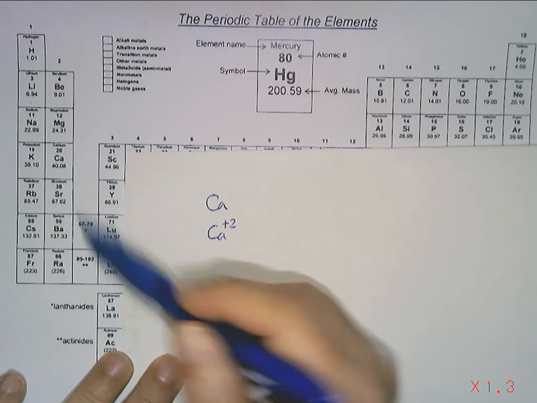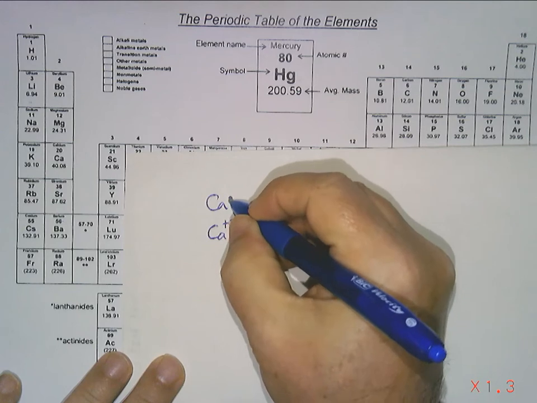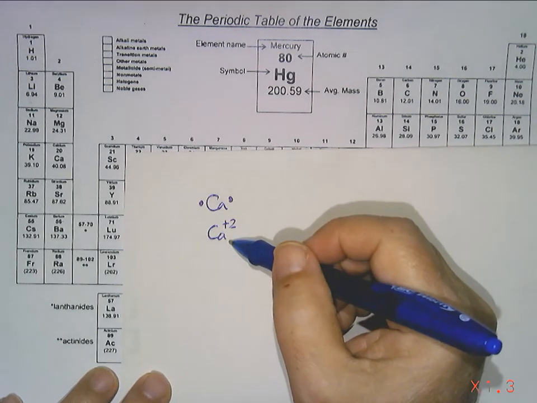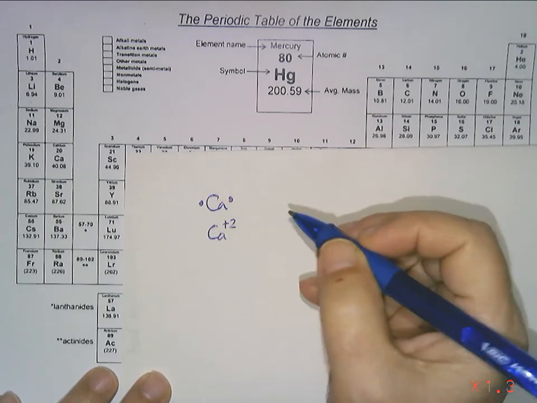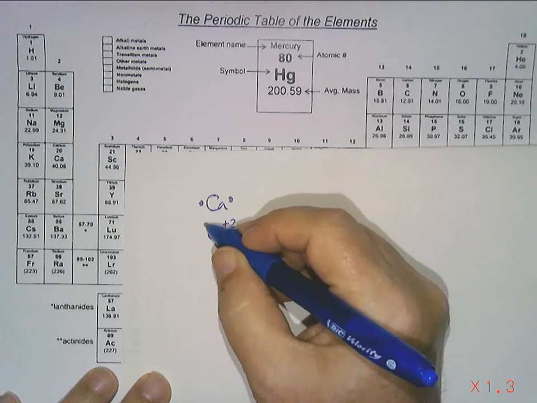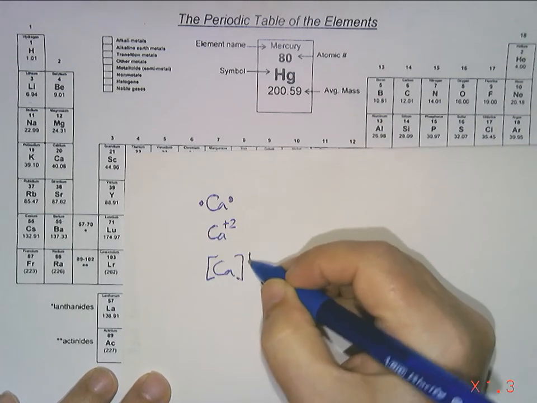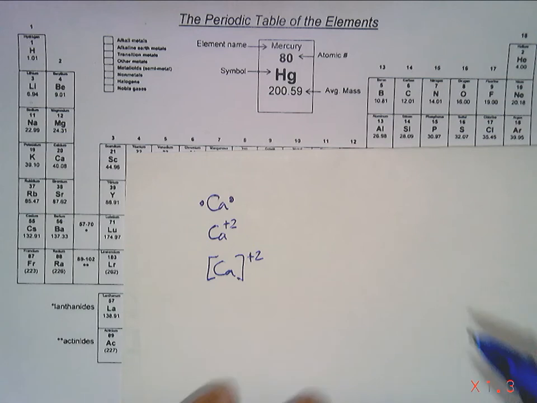It's got 2 valence electrons that it can lose. Instead of writing out the electron configuration, I'm going to just write a calcium Lewis structure like this. And if I form a calcium +2 ion, I'm going to be taking those off. So this would be a calcium +2. What I would write down for the Lewis structure is the symbol and then a +2 after it. Notice I'm using square brackets to show what I've got there.